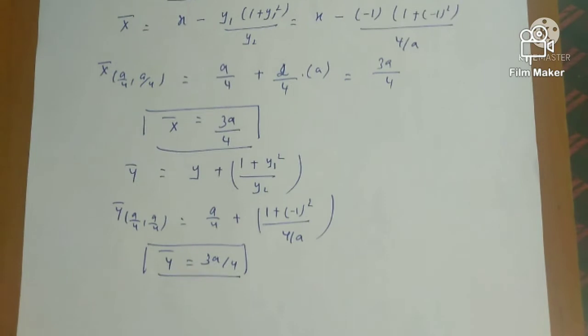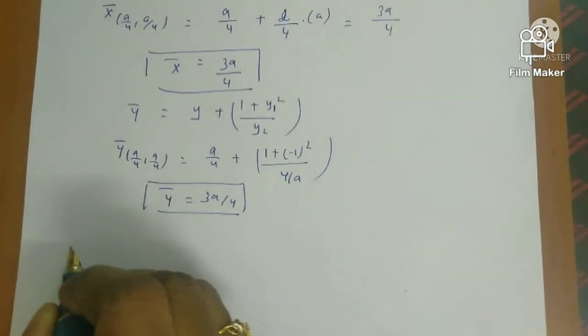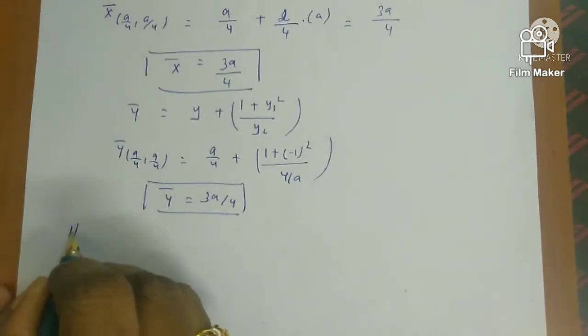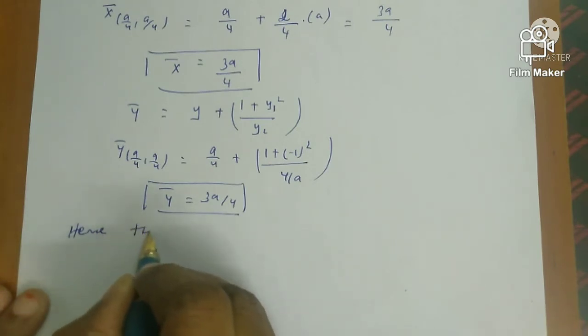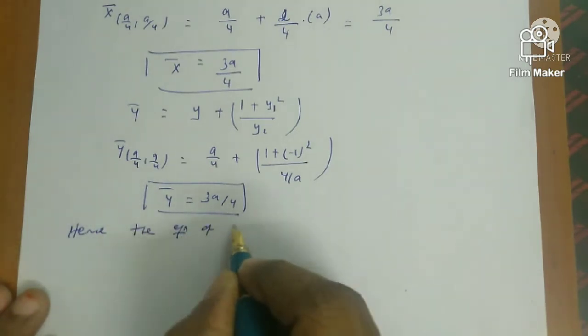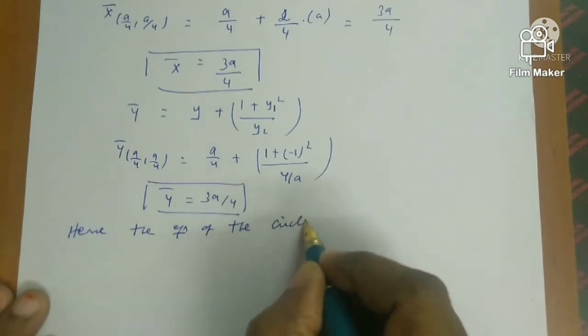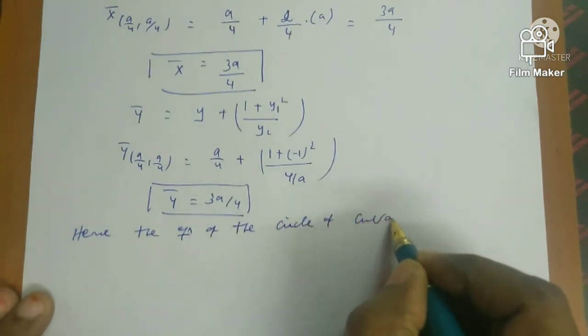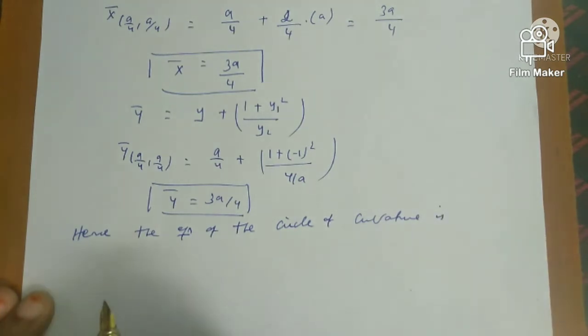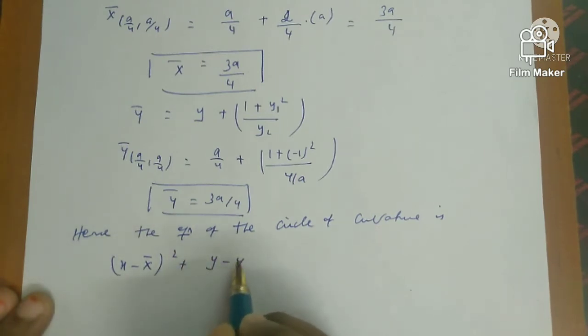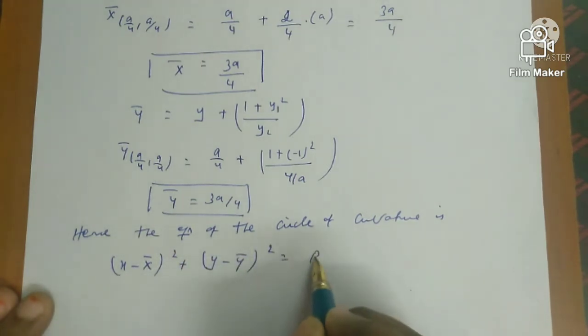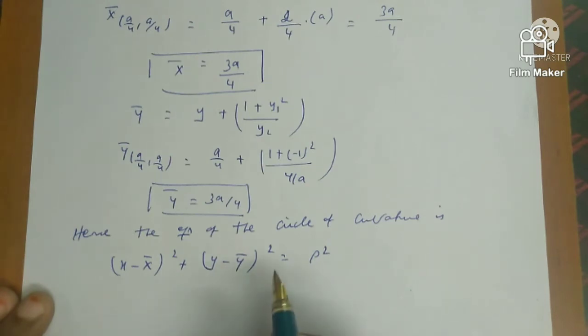So we know the equation of the circle. Hence the equation of the circle of curvature is (x minus x bar) the whole square plus (y minus y bar) the whole square equal to rho square. So this is the formula. Here we have to substitute the x bar, y bar and rho values.